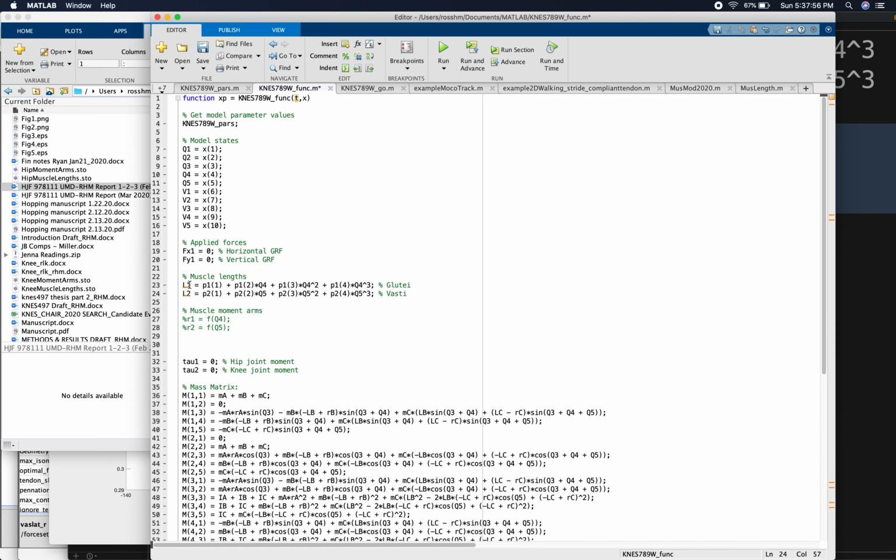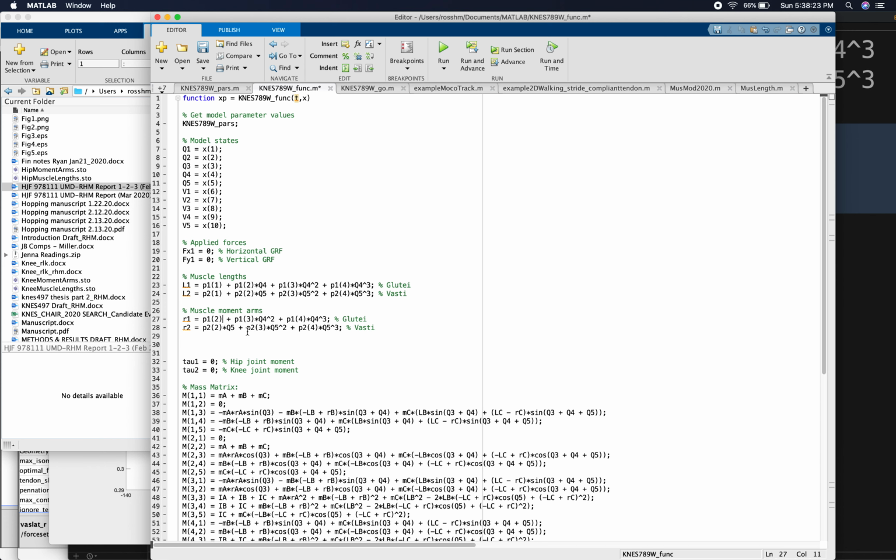Okay, value might not be used. That's okay, we haven't used it yet. And then my moment arms are going to be the derivatives of those functions. This one will be 0.